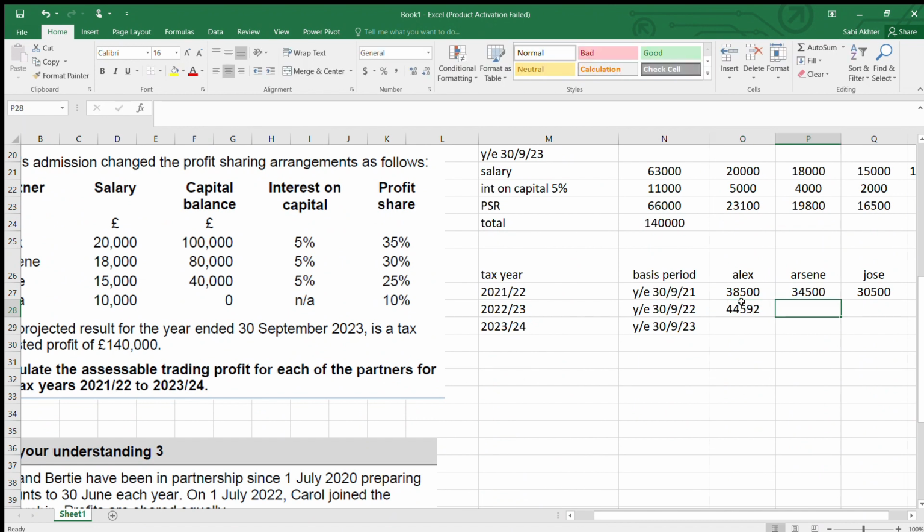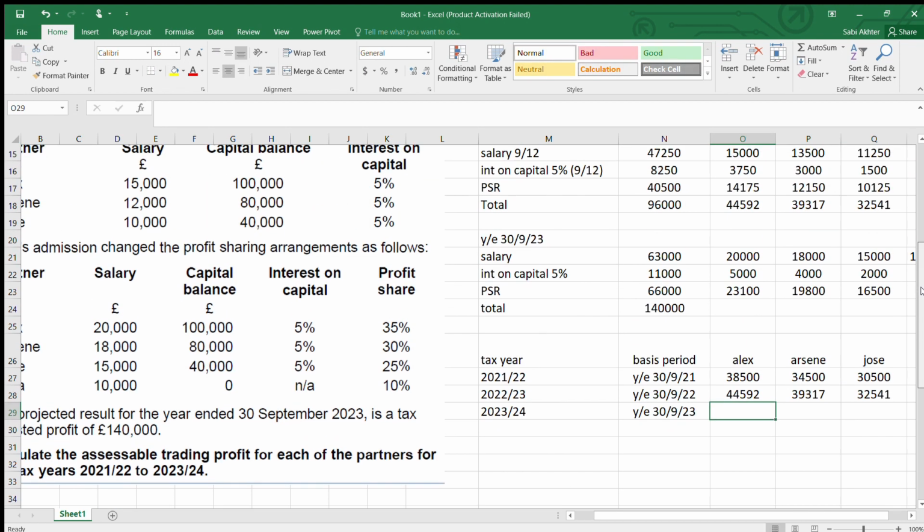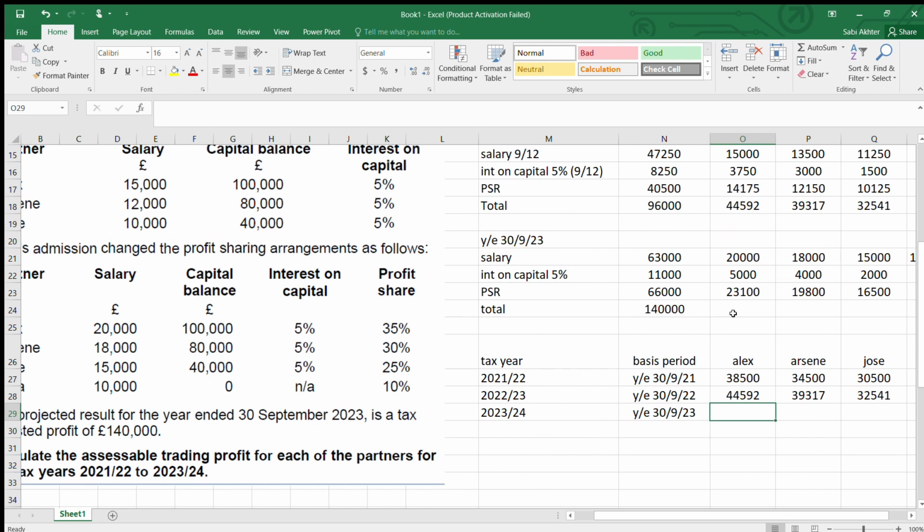$44,592, $39,317, $32,541. Then year end at this. Sum function. $48,100, $41,800, $33,500.